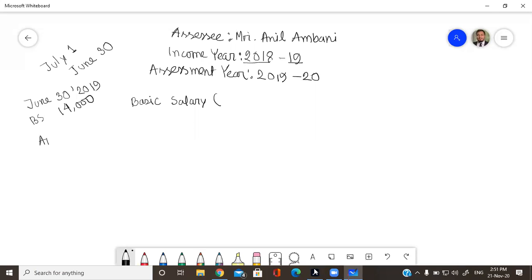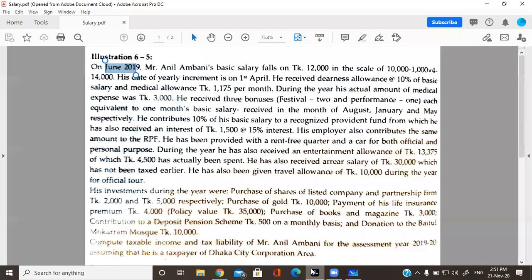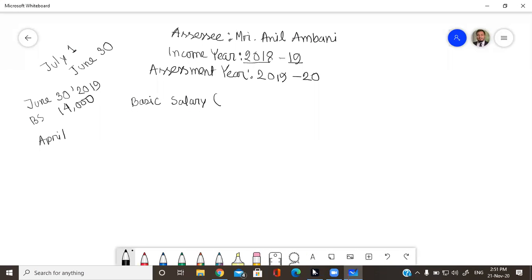Now, if the date of increment is April 1 of every year, can you tell me what his basic was during this period, July 1, 2018 to March 31, 2019? Increment occurs every year on April 1.